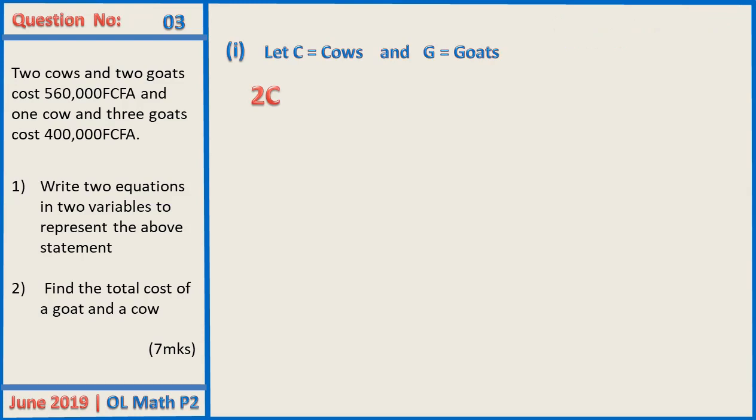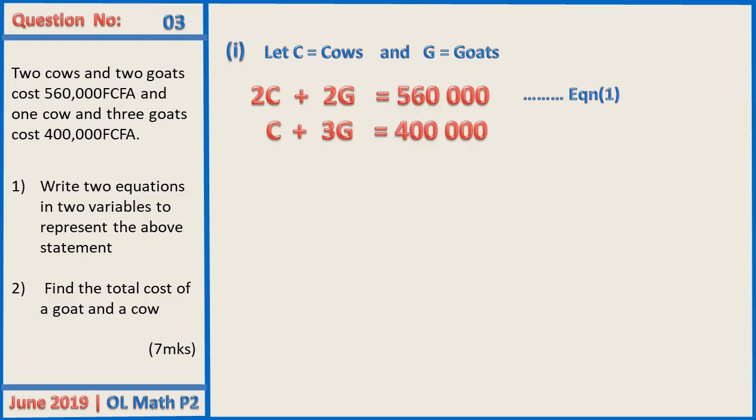According to the first part of the question, we have 2 cows and 2 goats cost 560,000. So we have 2C, that is 2 cows, plus 2 goats, 2G, equals 560,000. This is equation 1. Then for the second part of the question, we have 1 cow, that is C, plus 3 goats, 3G, costing 400,000. This is equation number 2.